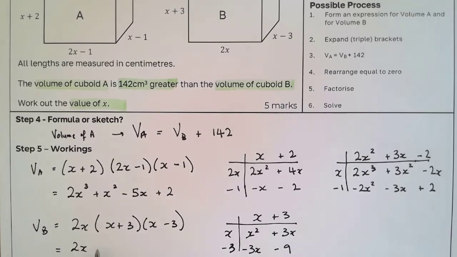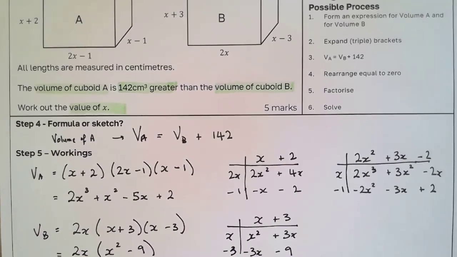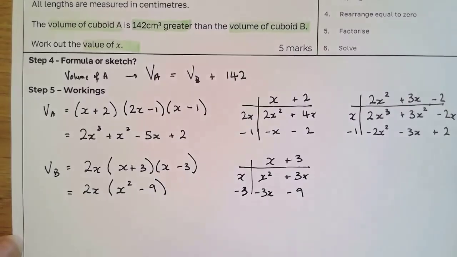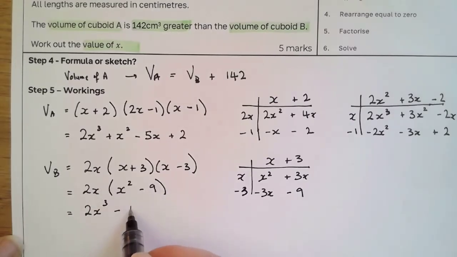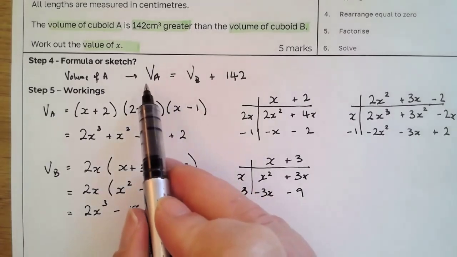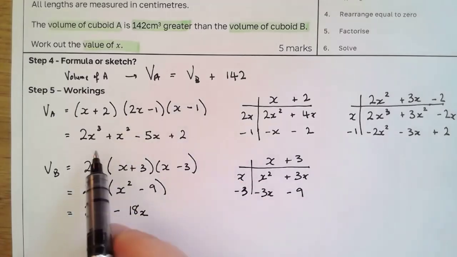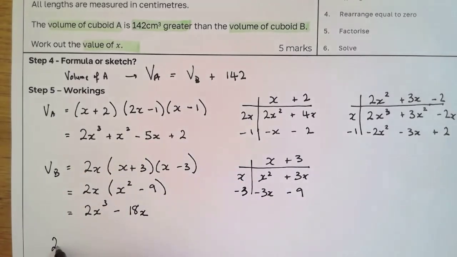So this becomes 2x, and I've got to put the brackets back in, x squared subtract 9. Then we expand that bracket: 2x multiplied by x squared is 2x cubed, subtract 2x multiplied by negative 9, 18x.